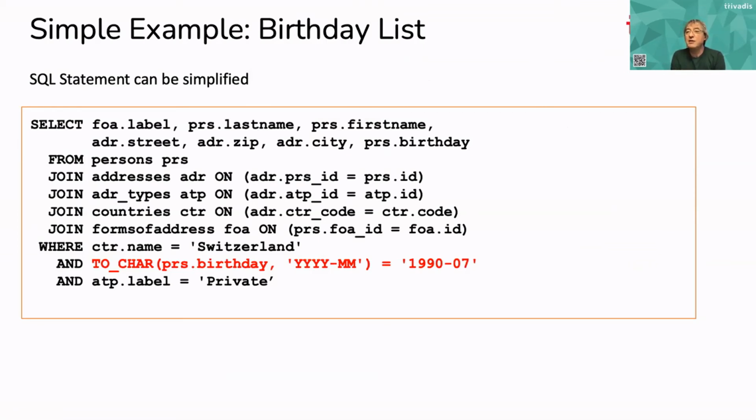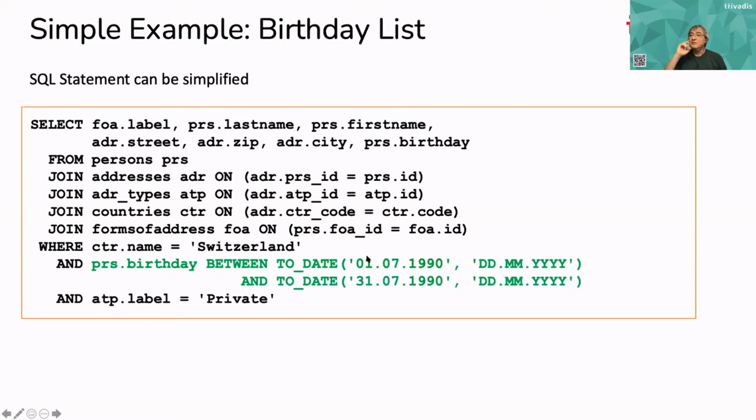If you use functions or any kind of expressions in your where condition, it's quite difficult for the optimizer to calculate the selectivity of an expression with TO_CHAR, for example.